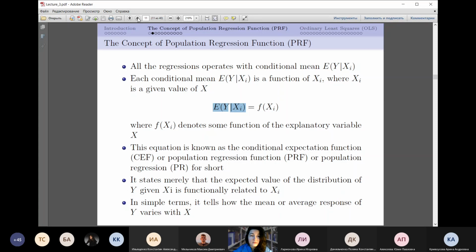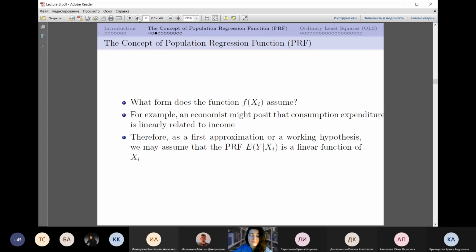So if we talk about the regression function, before we construct our model, we need to take into account the form that the function of x assumes. What does it mean? Sometimes we can talk about a linear function, sometimes about a quadratic function, and so on.